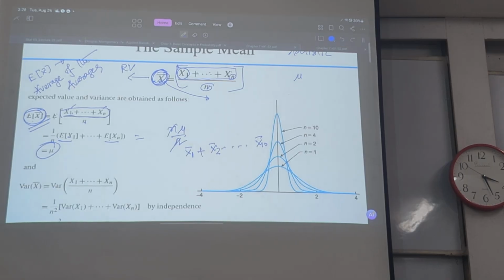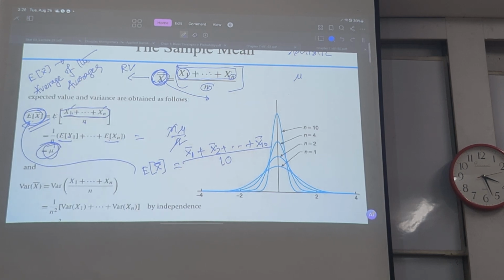If we take the average of these averages, we get the expected X bar. And this quantity says that if you take the average of the averages, then you will get the population average.